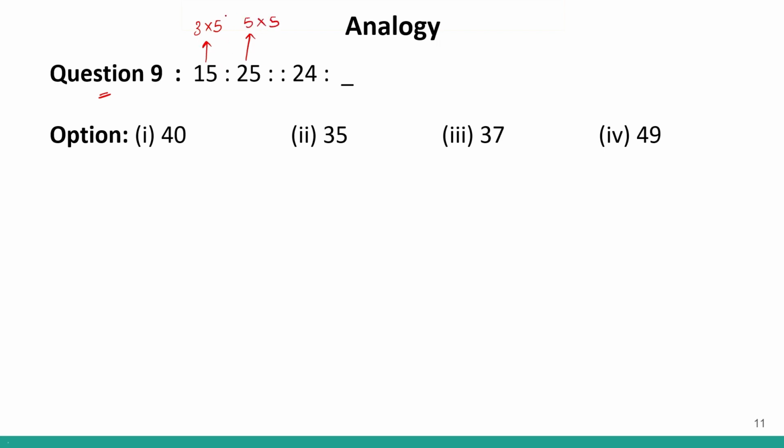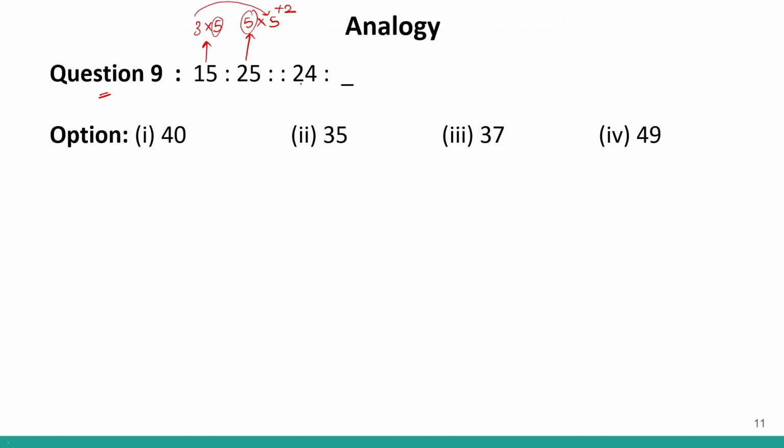Correct? So basically we have a commonality of 5, and then we moved 2 positions forward.